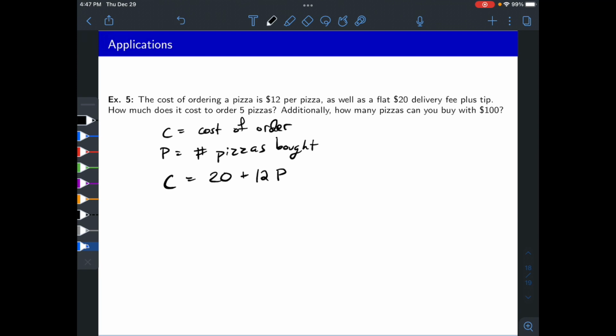So now we can say that if we're ordering 5 pizzas, in other words, if P is equal to 5, then C is equal to 20 plus 12 times 5, which is equal to 20 plus 60, which is equal to 80. And I should put some units on this, so it costs $80.